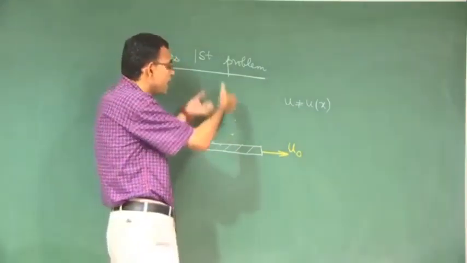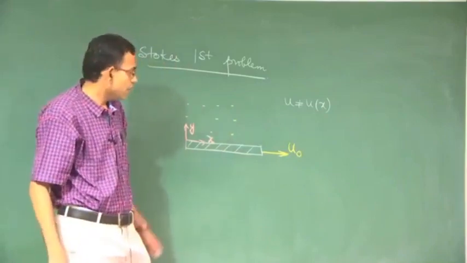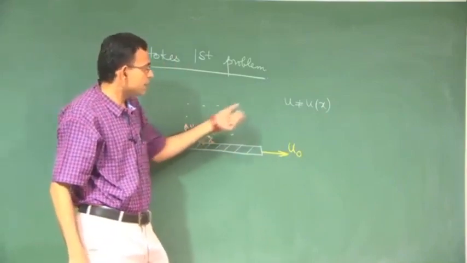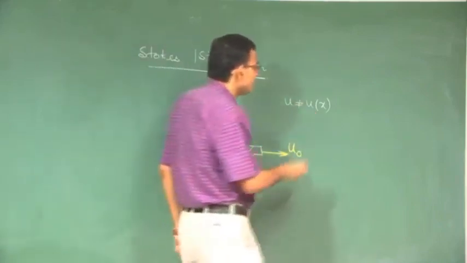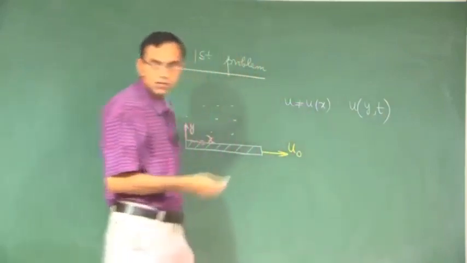In an open flow like this, there is no such concept of fully developed flow. So, because u is not a function of x, u is a function of y and t.